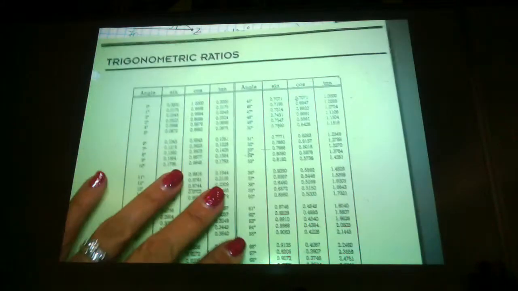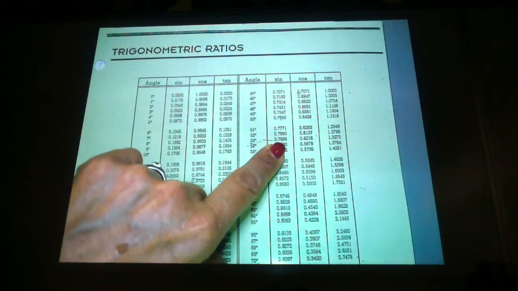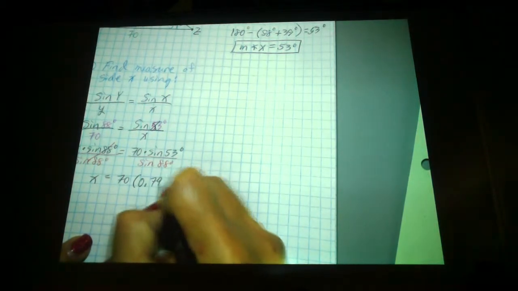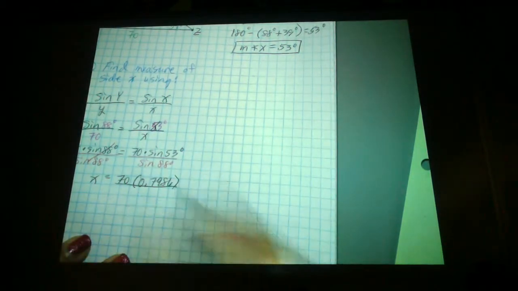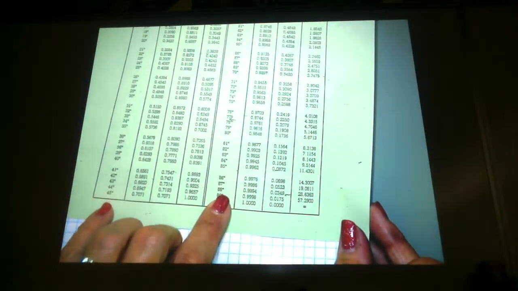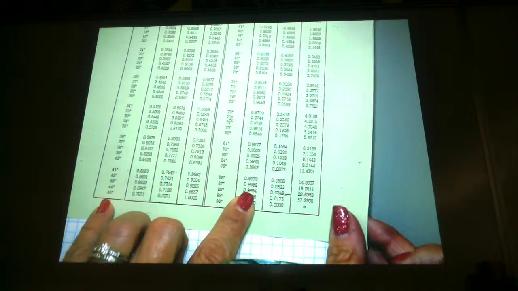So 53, sine column, we're looking at 0.7986. So 0.7986 divided by, now find the sine of 88 degrees. So here's 88. Sine is 0.9994.